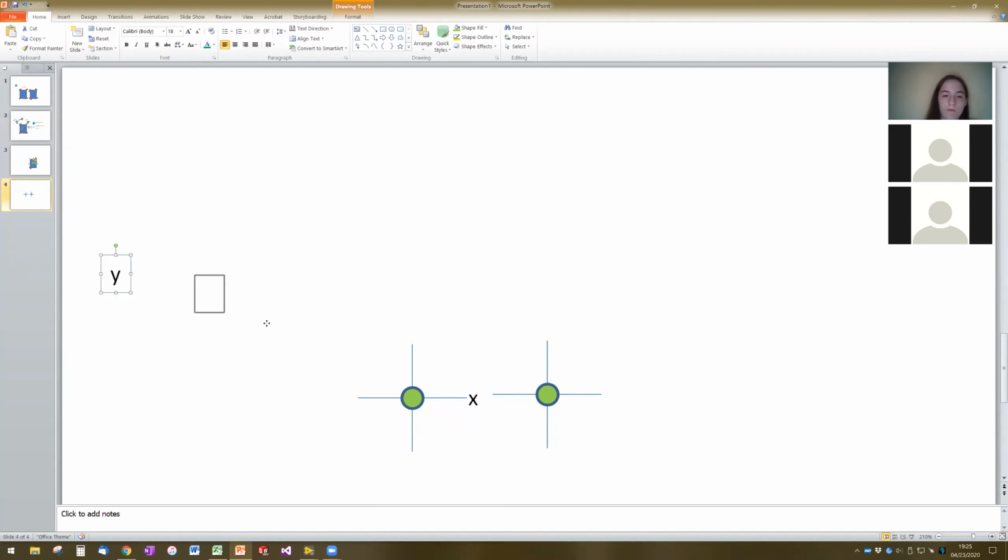Their x and y is oriented like this. So we'll have some fun with that.